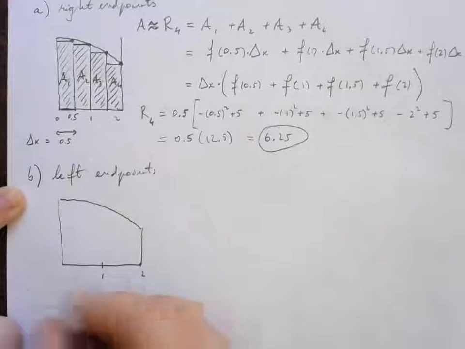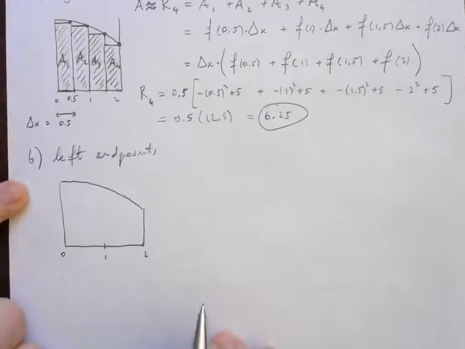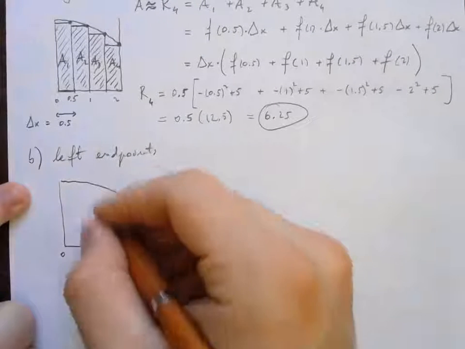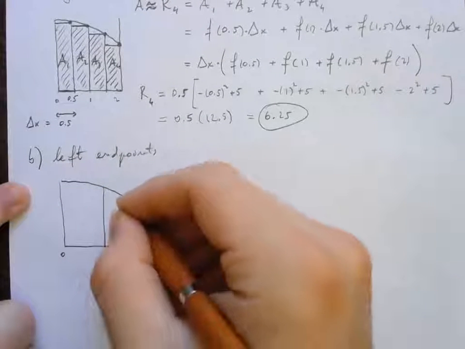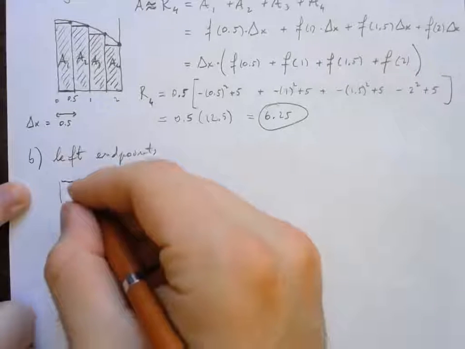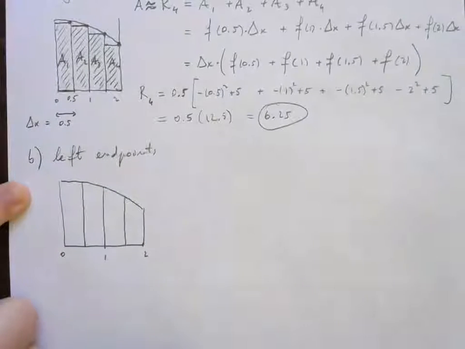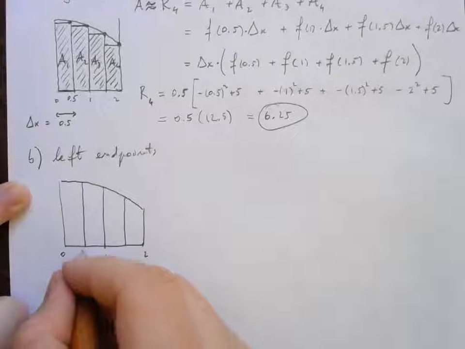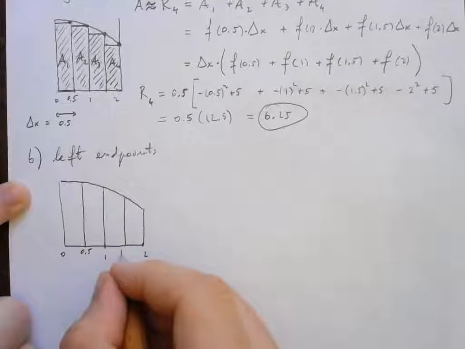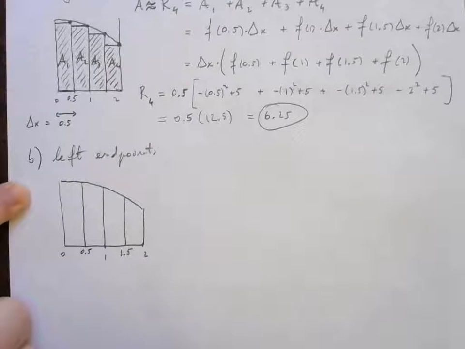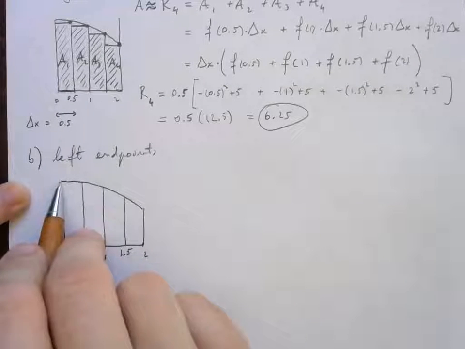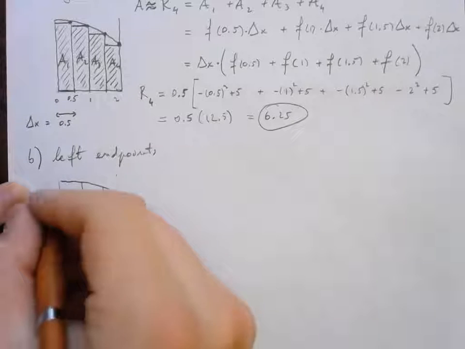If this is 1, 2, and this was 0, because I'm doing it between 0 and 2, I'm going to break this up into 4 subintervals like that. And now I look at each subinterval. Okay, this is 0.5 and this is 1.5. That's the x value. For each subinterval, I'm going to now choose the left endpoint.